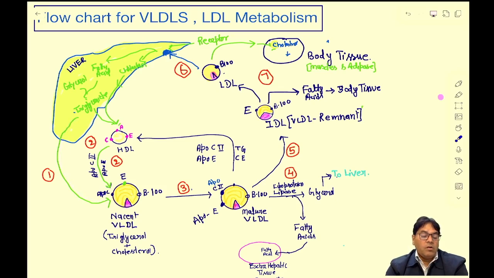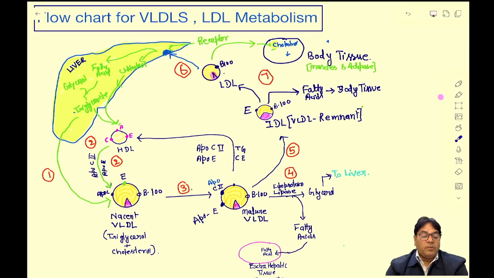The moment they are formed in the liver, they go to the blood, and the nascent VLDL have apoprotein E, B100 and apoprotein C. Initially they have all these three apoproteins.